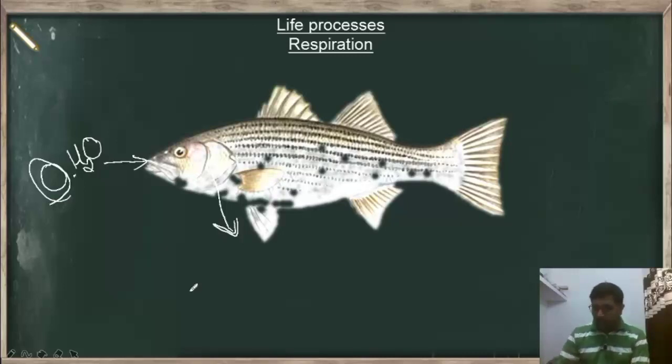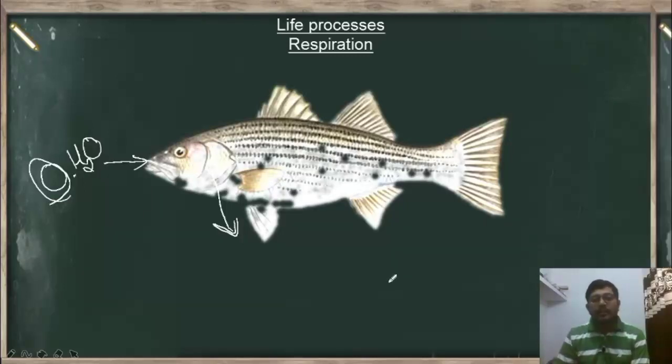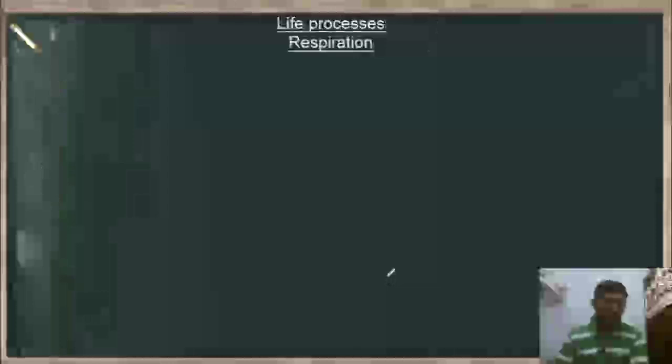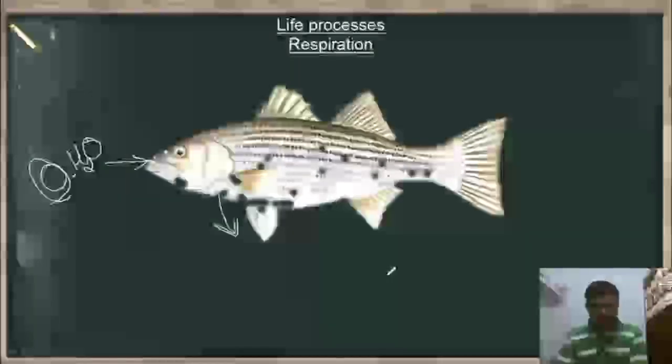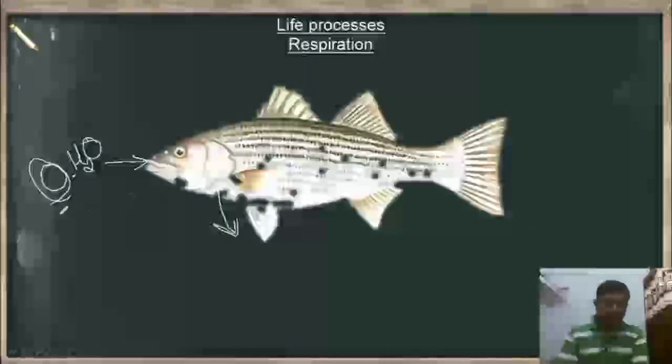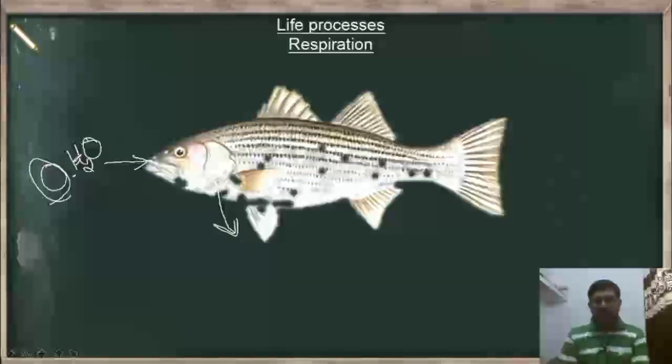But what happens in terrestrial organisms? In the case of terrestrial organisms, we take in the oxygen present in the atmosphere, so easily we will get the oxygen. But as you can see in the picture, the amount of oxygen present in water is very less, that is, the dissolved oxygen amount is very less, and for that reason the rate of respiration in fishes is high.